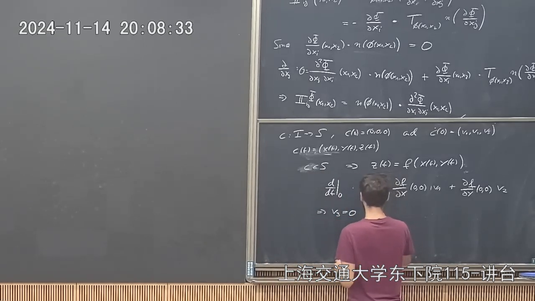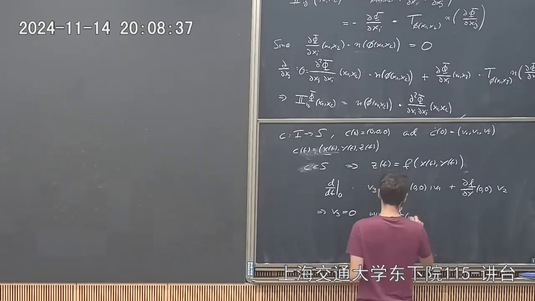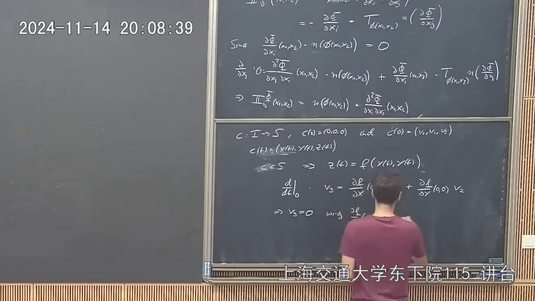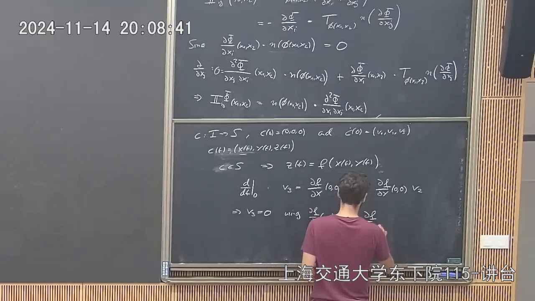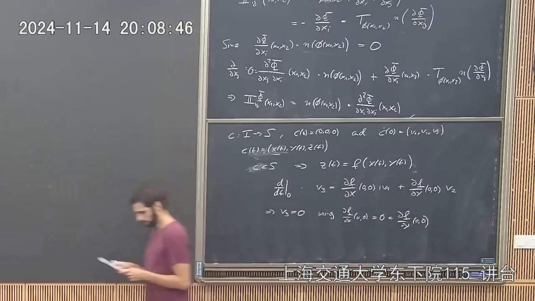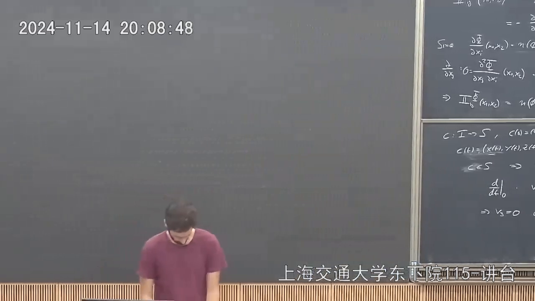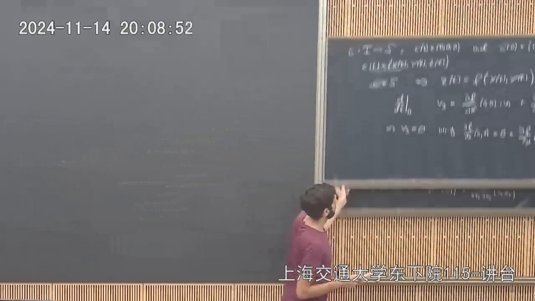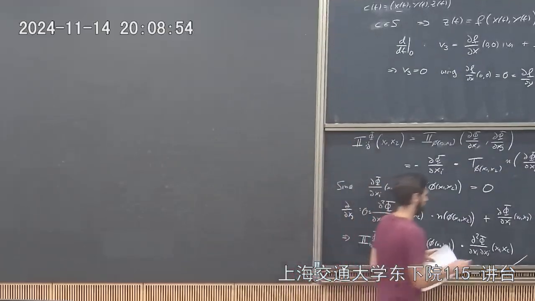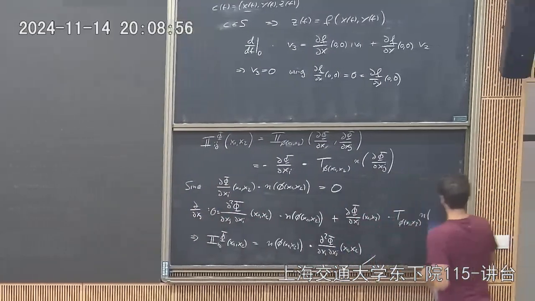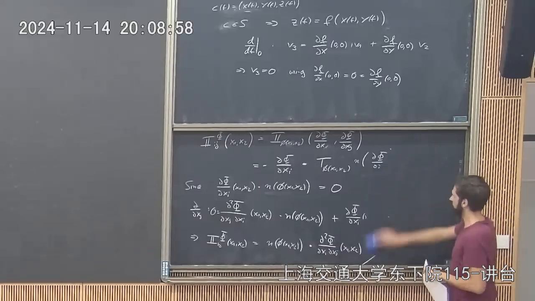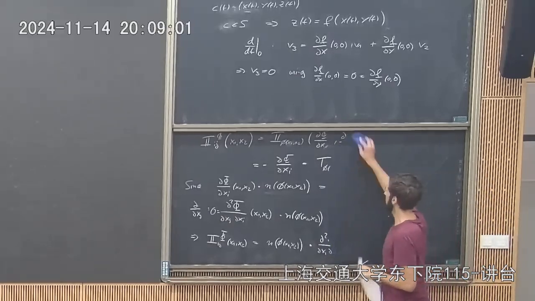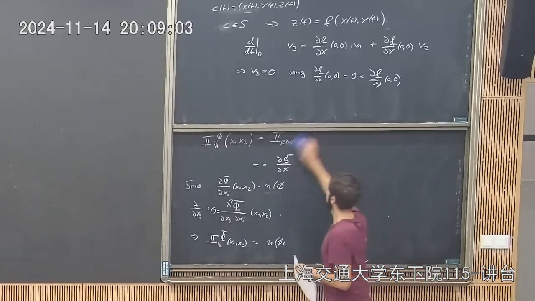So that's an intermediate calculation that allows us to identify the tangent vector at the origin.